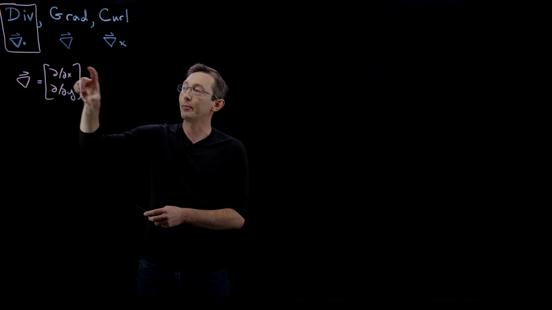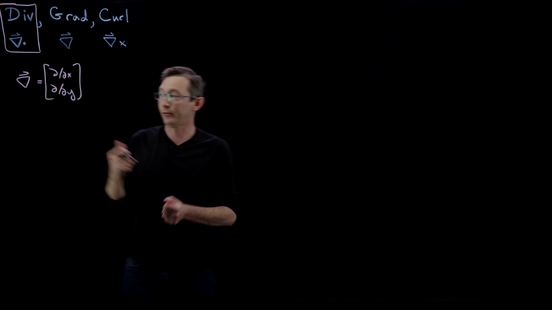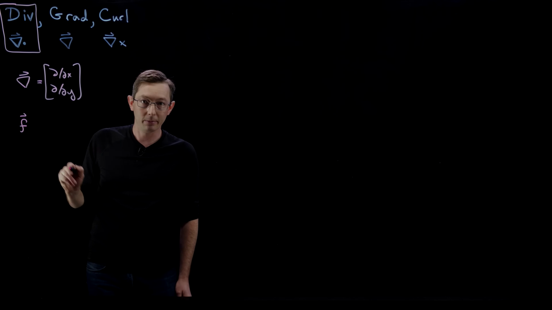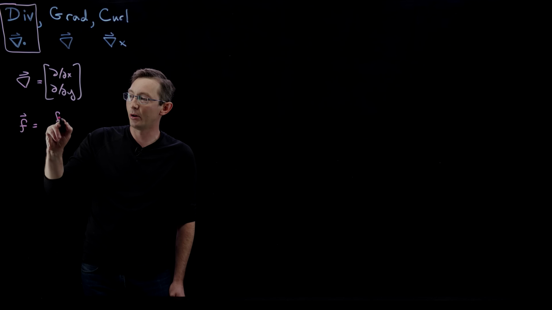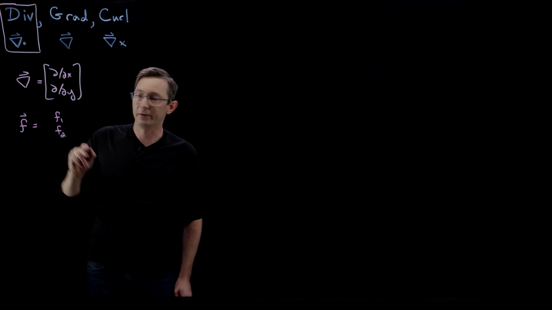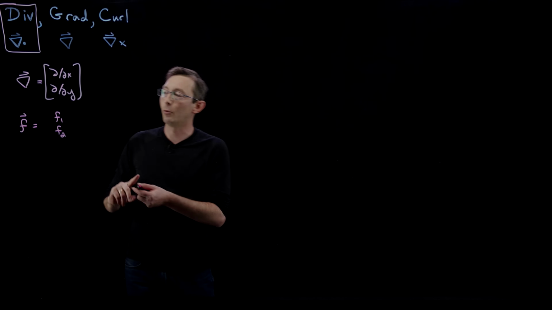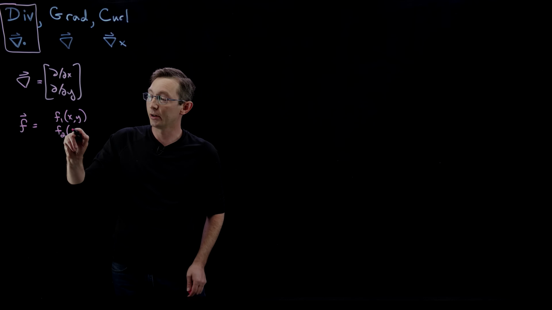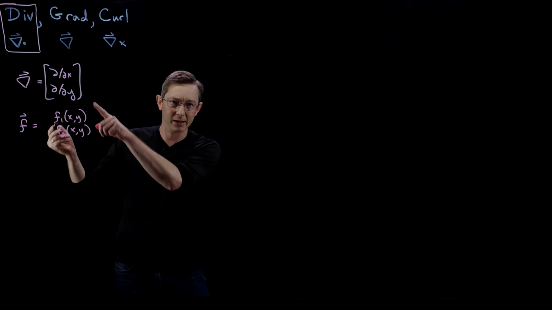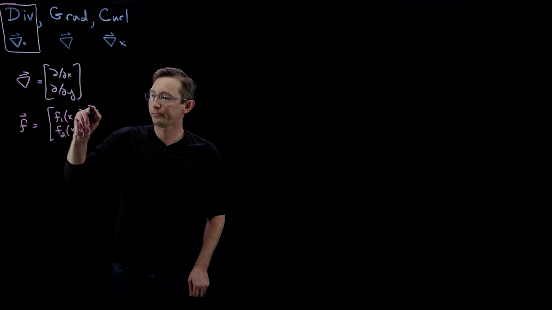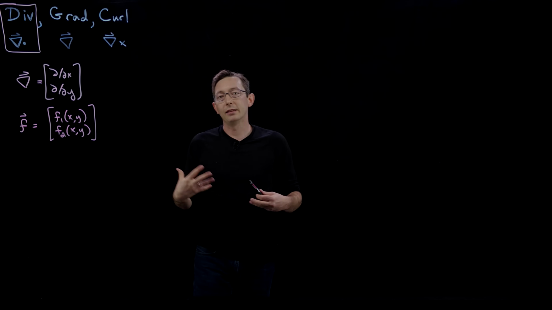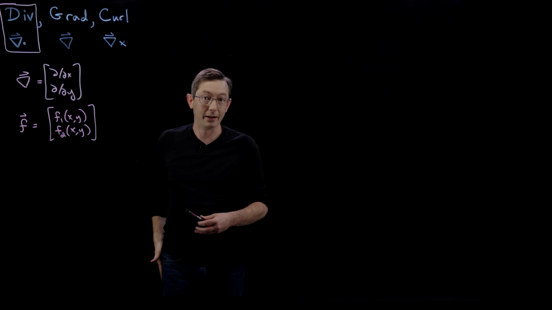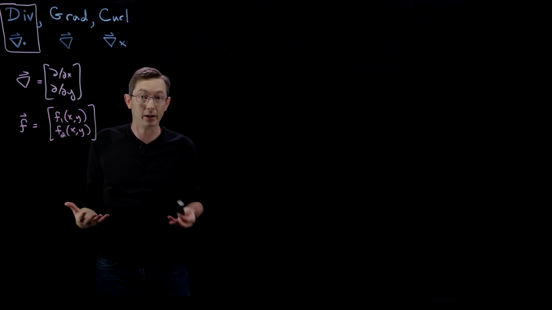And so we're going to take the dot product with a vector-valued function. So if we have some vector-valued function, we'll call it f bar, and we'll say that it has components f1 and f2. In general, f1 would be a function of x and y, and f2 would be a function of x and y. I might drop this dependence in a little bit. Then we can take the divergence of f, or del dot f, just like you would normally do a dot product of 2 vectors.